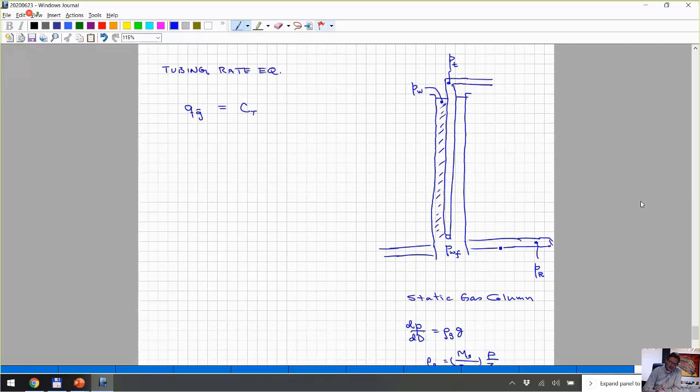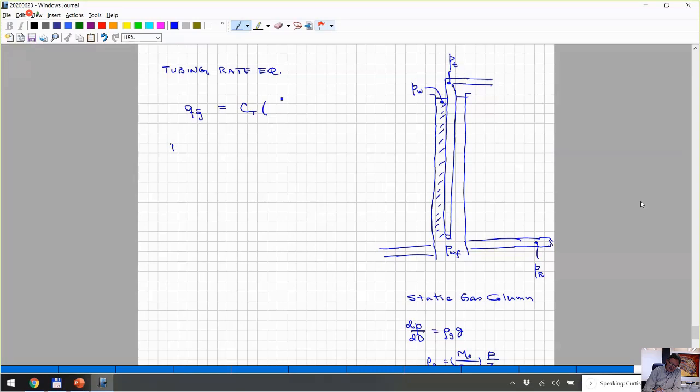What that then says is that if you look at the difference in pressure drop between, so the gravitational head of the gas is going to be essentially the same in both the annulus and the tubing.